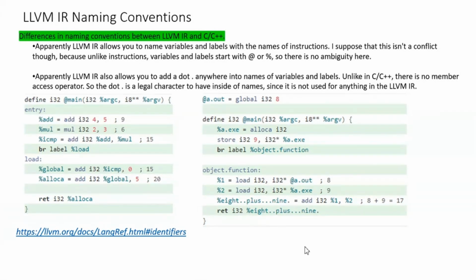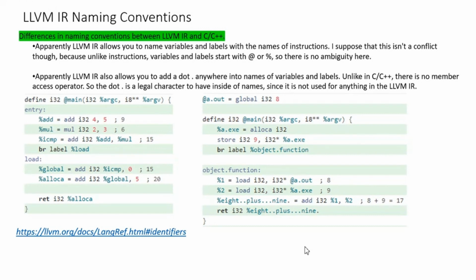LLVM intermediate representation, another interesting thing I found: you can put a dot anywhere into the names of variables and labels. Unlike in C++, there is no member access operator, so the dot is actually a legal character to have inside of names.